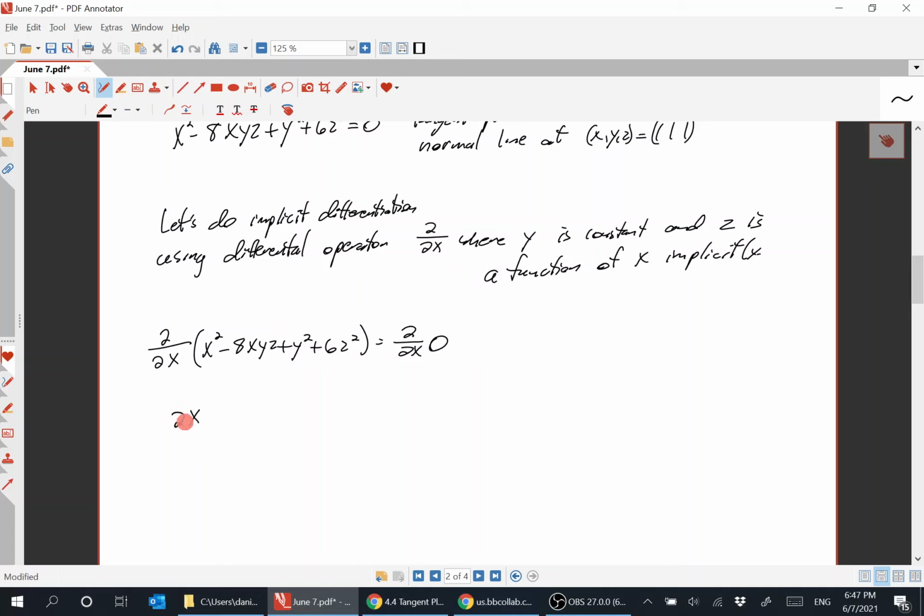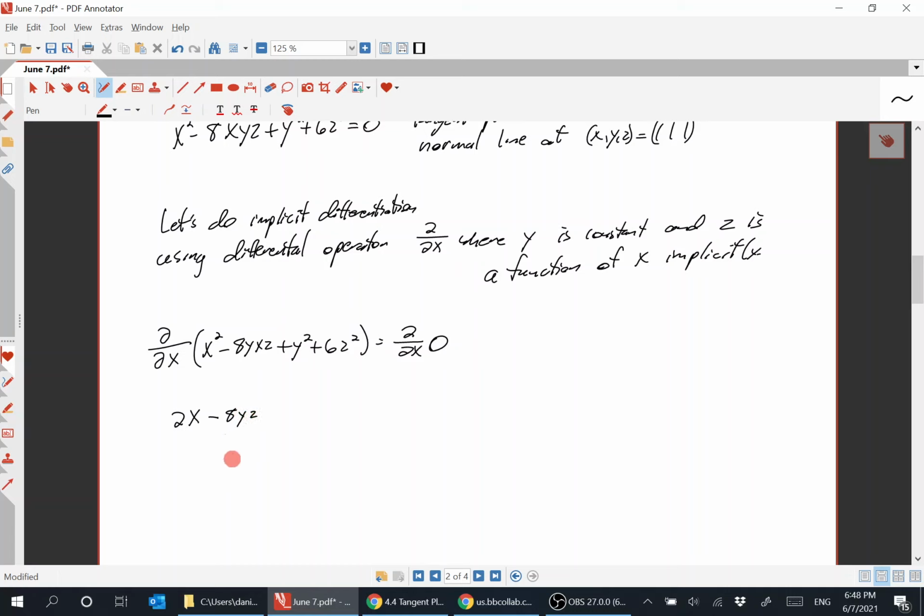My 2 and that symbol look disturbingly the same. So it's 2x. And now I have 8xyz. So 8y, we'll put the y here, 8y times xz. So the 8y is a constant, and so you have x times z. So use the product rule on that.